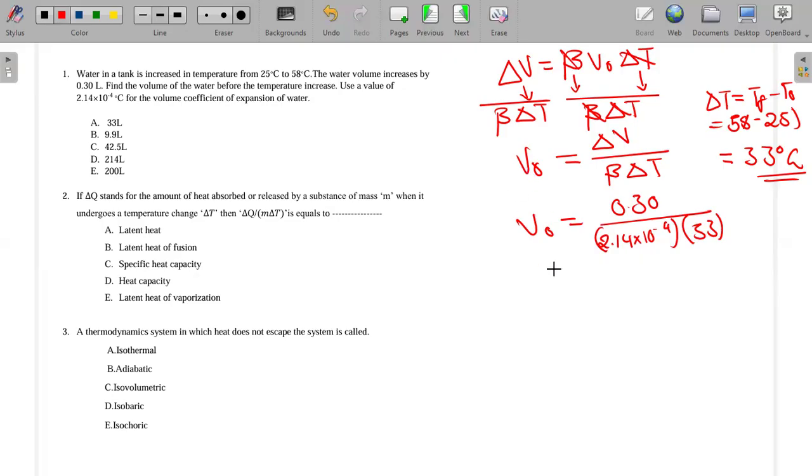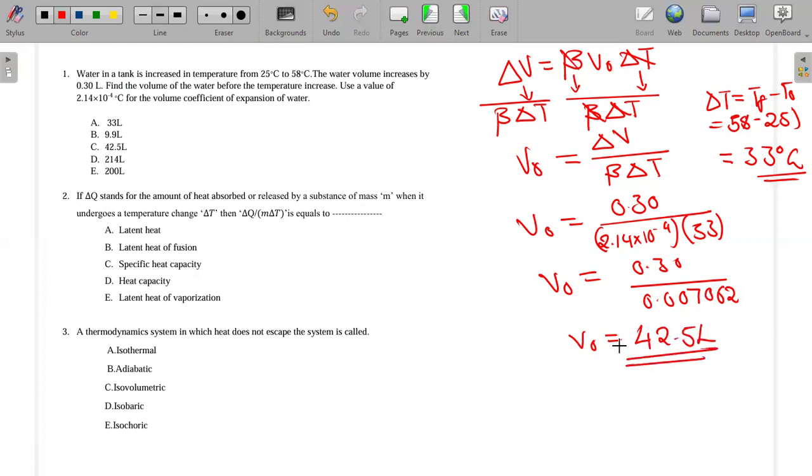Multiplying the denominator, we have 0.30 at the top, then 2.14 times 10 to the power minus 4 multiplied by 33. This gives me 0.007062. Now I'm only going to divide, and this gives my initial volume to be equal to 42.5.